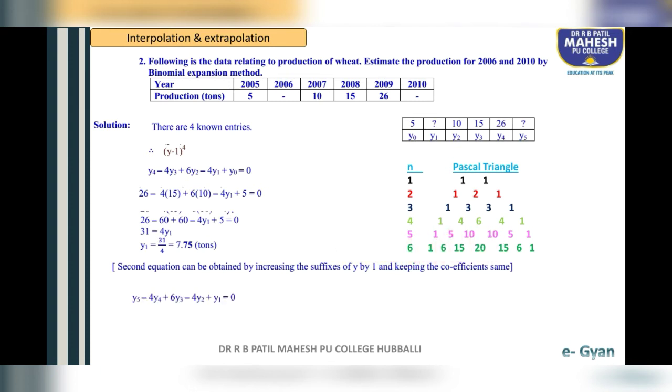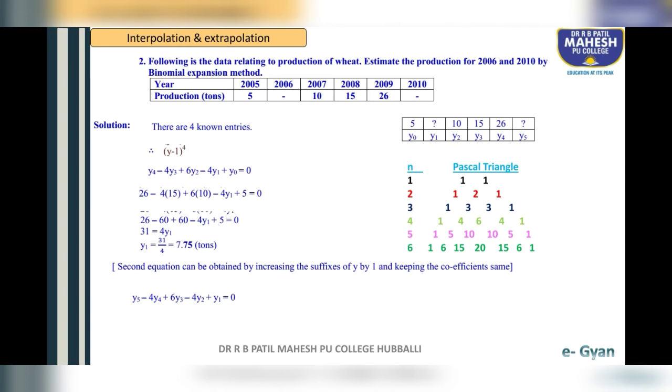So y4 becomes y5, minus 4 as it is, y3 becomes y4, plus 6 into y2 becomes y3, minus 4 into y1 becomes y2, plus y0 becomes y1, is equal to 0. This is the second equation. Using this equation we have to find the missing value of y5.